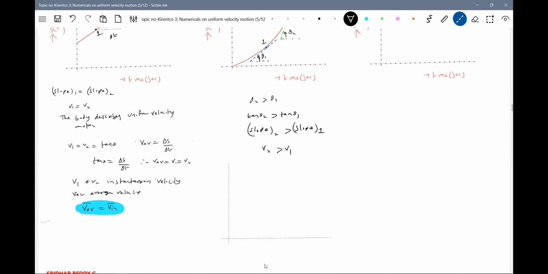There's an experimental curve that we have. I'll try my level best. The particle should cover equal time intervals. I'll take that.